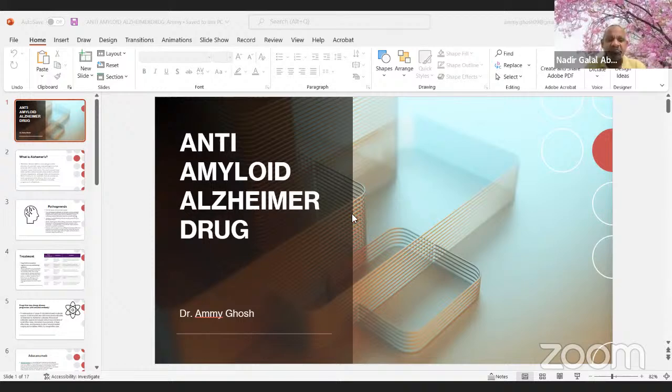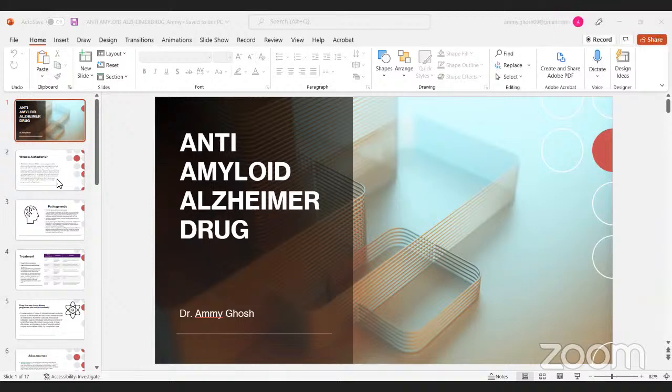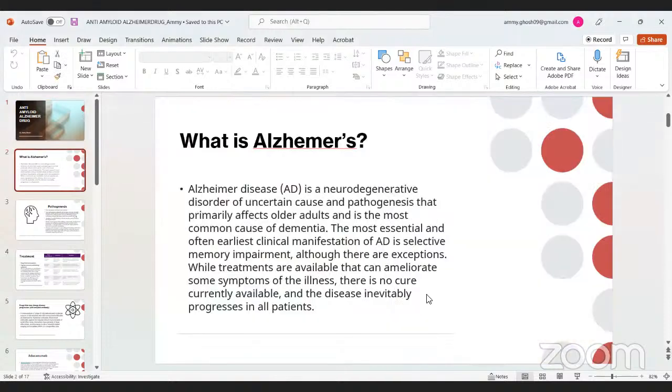Okay, thank you. So first we'll go over what is Alzheimer's disease. Alzheimer's disease is a neurodegenerative disorder of uncertain cause and pathogenesis that primarily affects older adults and is the most common cause of dementia.